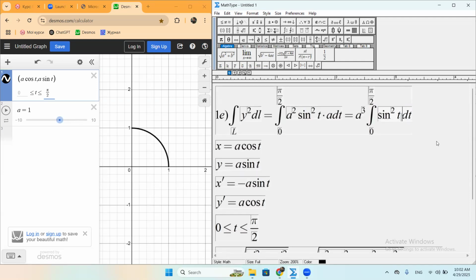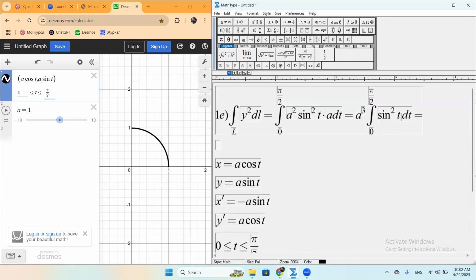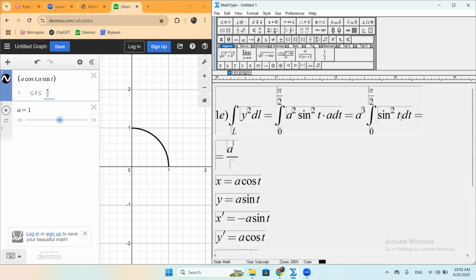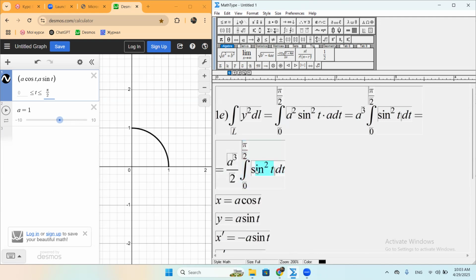We will reduce the power using the following formula. So a cube multiplied by 1 over 2, and under the integral we will have the following expression: 1 minus cosine of 2t dt.